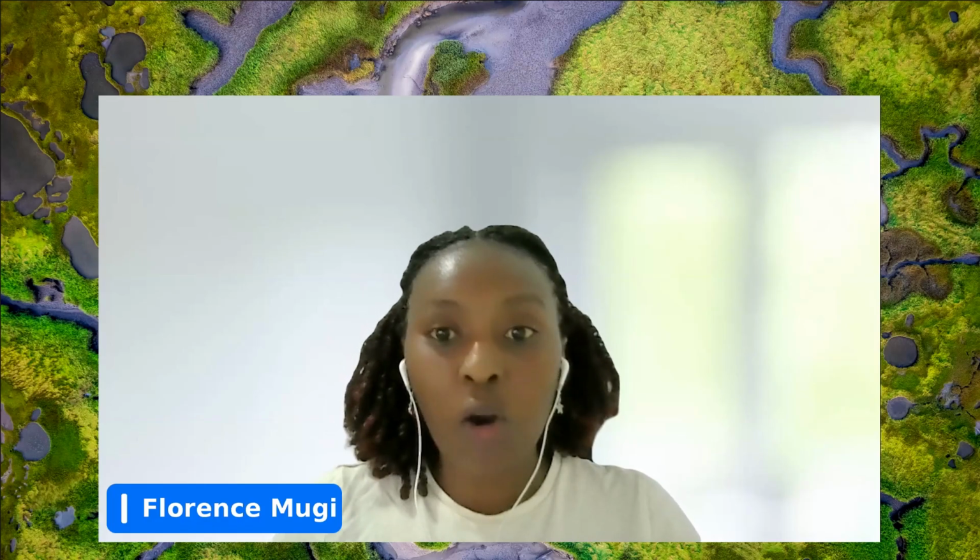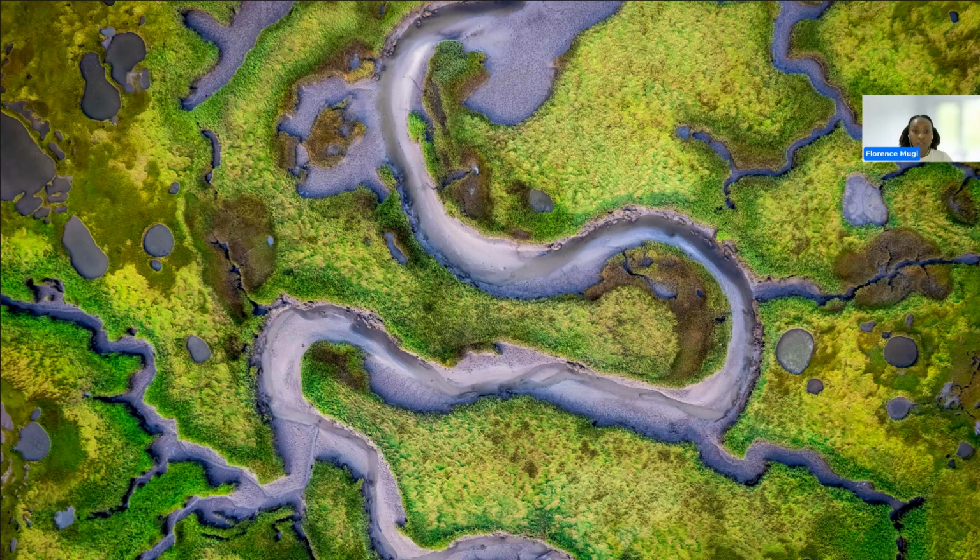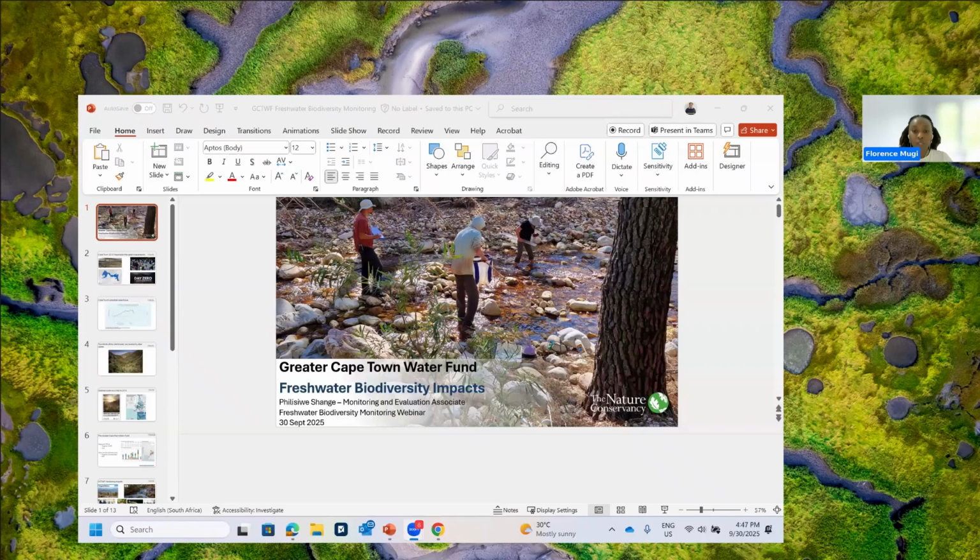She is responsible for setting up vegetation monitoring plots and conducting vegetation surveys to record the impacts of invasive plant control operations on fynbos recovery. She leads socioeconomic surveys, captures implementation and training data, and coordinates training interventions for the Greater Cape Town implementation teams. Welcome, Philisiwe.